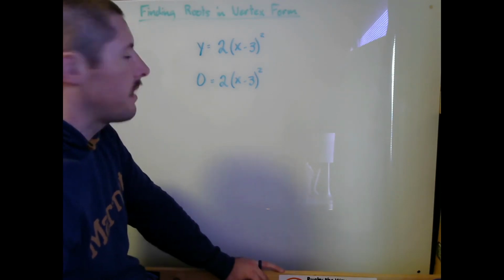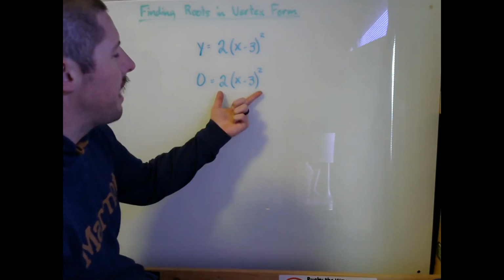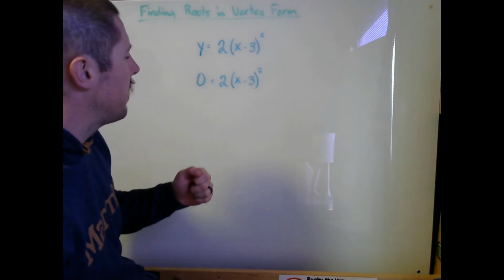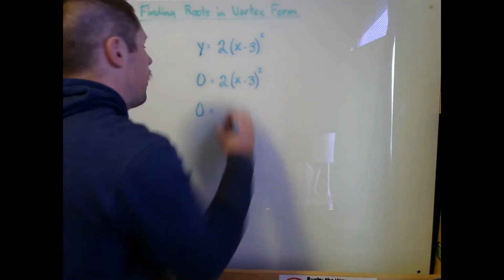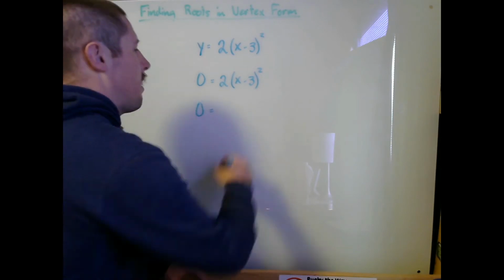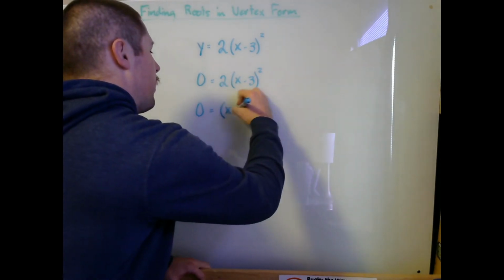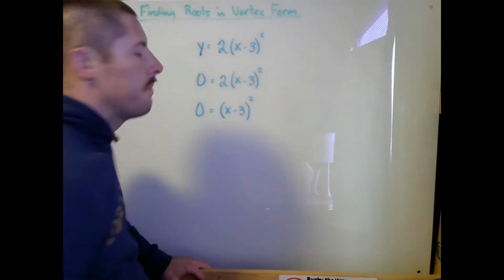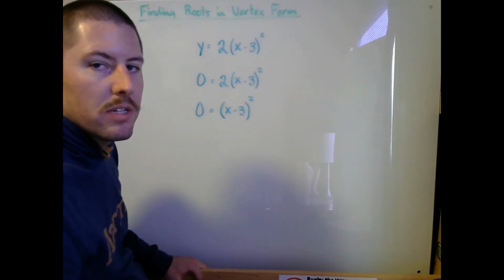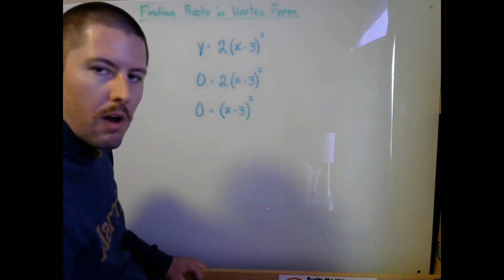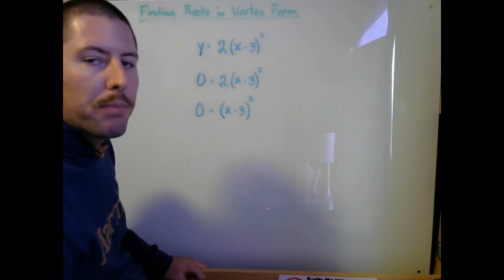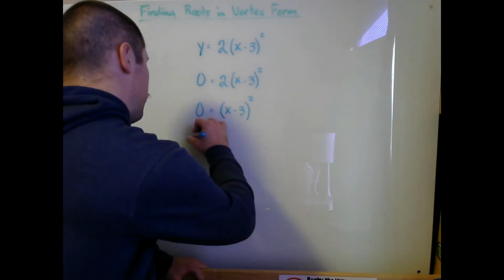That's not a very exciting thing to do here because the first thing I'm doing is dividing by 2 on both sides of the equal sign. 0 divided by 2, that just stays 0. On the right, when we divide by 2, we cancel off the 2 that's sitting in front, and we get x minus 3 squared. To proceed on in the same fashion as we have in the previous videos, we would now go ahead and take a square root on both sides, and we would recall that we always want to keep that plus or minus whenever we take a square root.